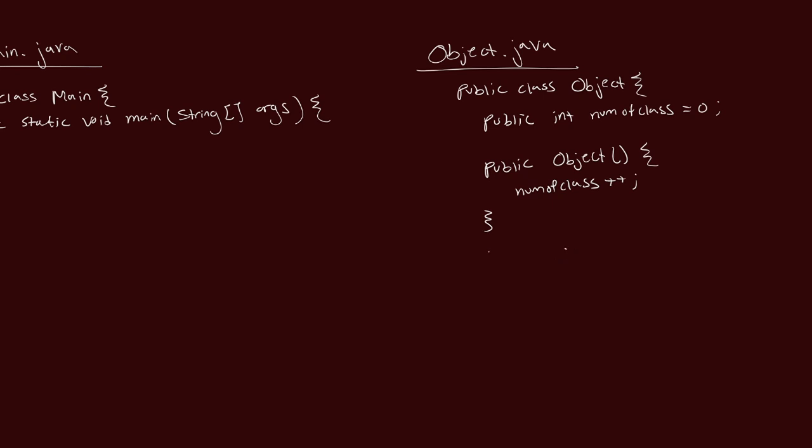And then at the end, let's get our num of classes. Hold on, sorry, let me do public. Alright, and so we just return num of classes. That's pretty much it.